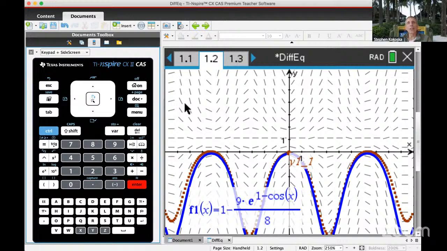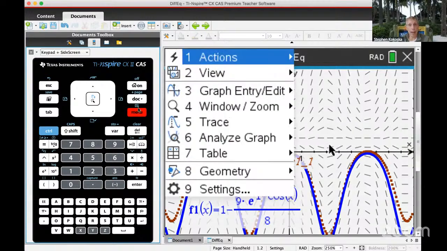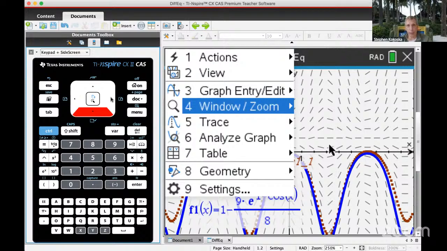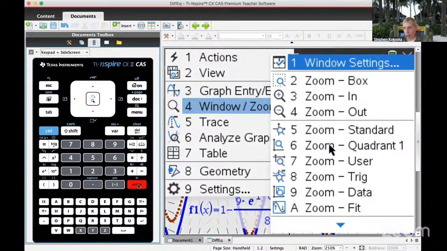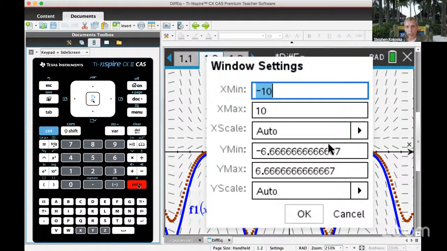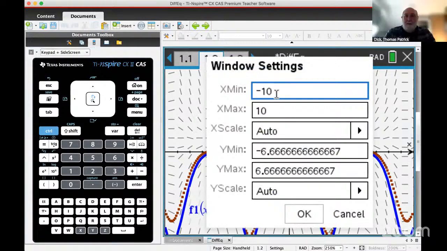Okay, so do this for me, Tom, and then I have a question for participants. Okay, sure. Would you just kindly change the window? I really only want to change the Y min and Y max. We can leave the X's. Well, we could go a little bit farther on the X's too, I suppose. So let's go window settings. Great. Let's make that minus 12 to plus 12.